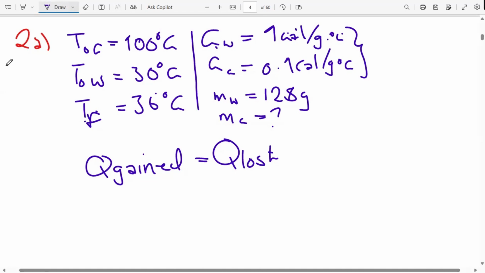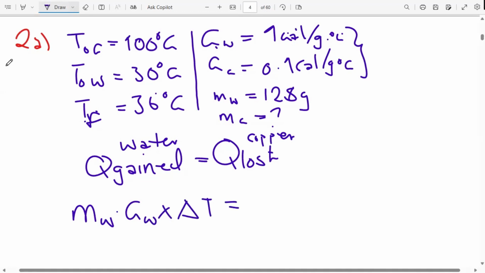The heat gained will be on the side where there is water, this side, whilst here we have our copper. So on this side, the mass of the water multiplied by the specific heat capacity of the water multiplied by the change in temperature will be equal to the heat lost. When heat is being lost, you can write this equation in two forms.